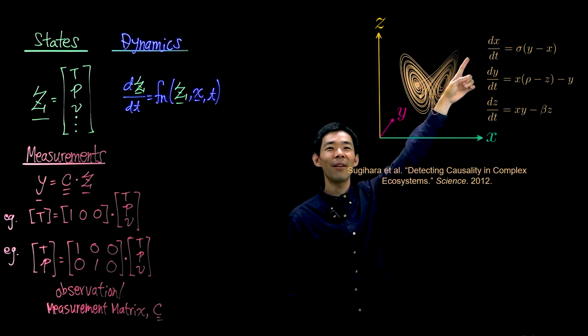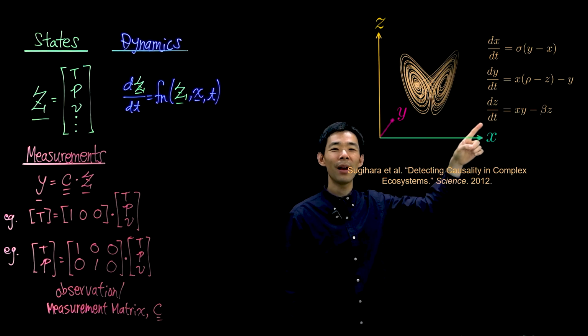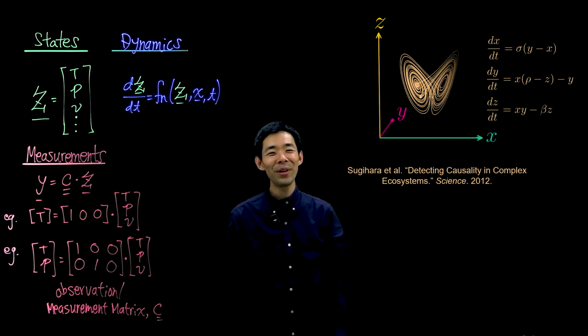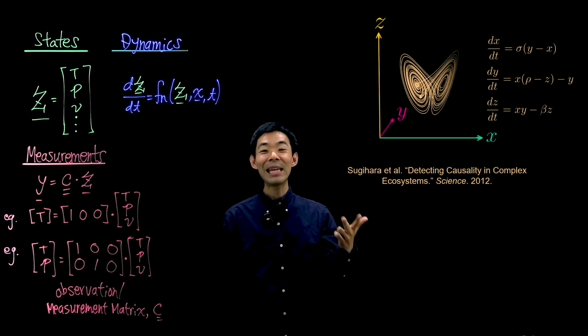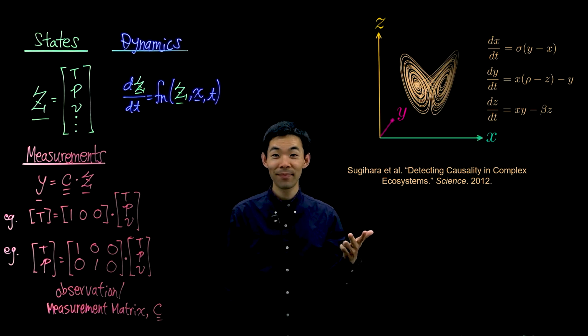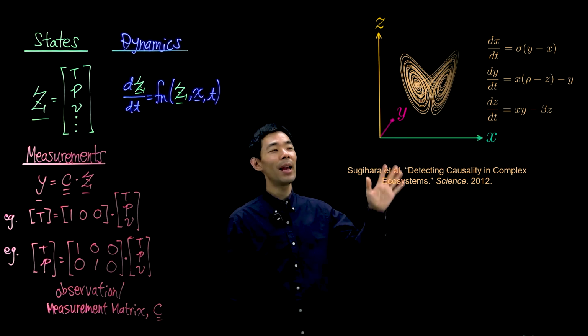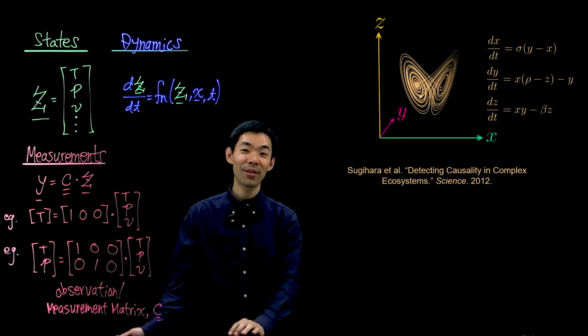So here we have a coupled system of 3 ODEs that depends on the dependent variables x, y, and z. They're each a function of time. So it's coupled ODE, and this is called the Lorenz attractor system.